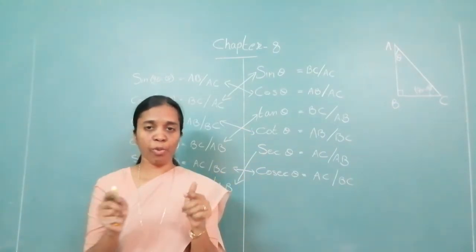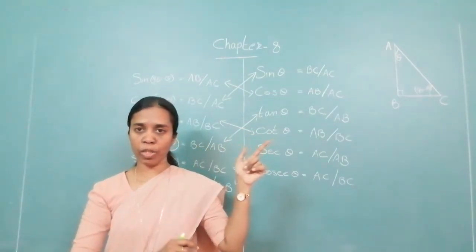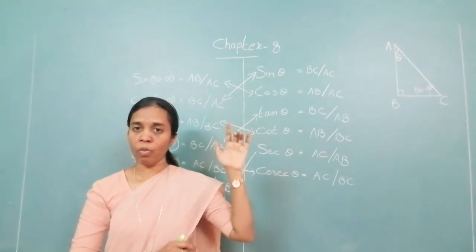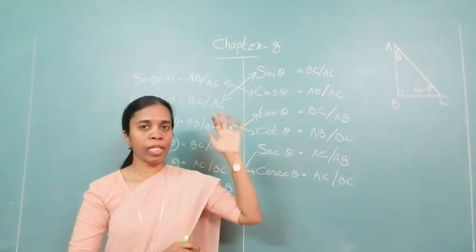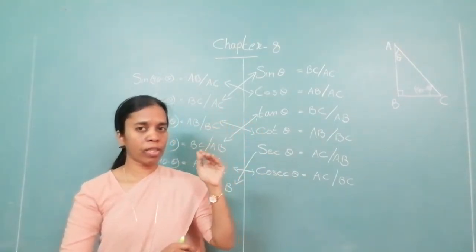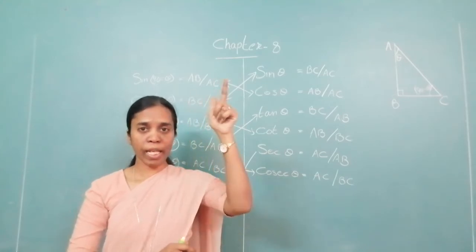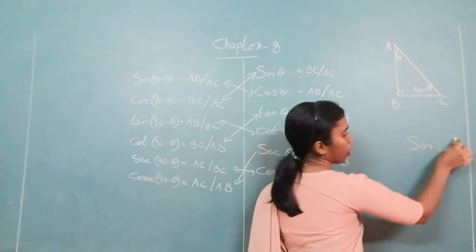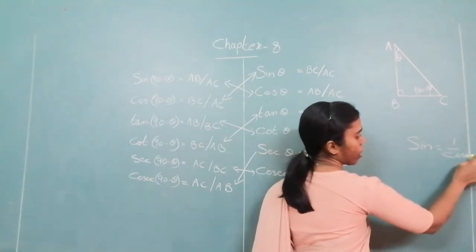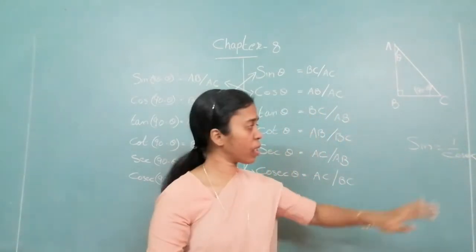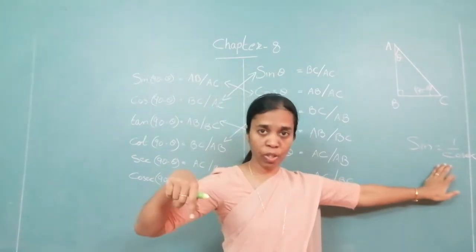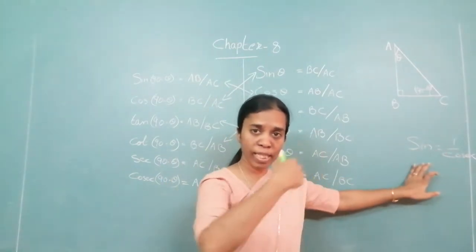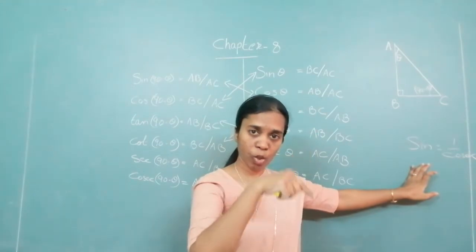Don't get confused with trigonometric ratios and their inverses. What were the trigonometric ratios? Sin, cos, tan, cot, sec, cosec. Do you remember that sin is equal to 1 upon cosec? Here the relation was sin and cosec, cos and sec, tan and cot.